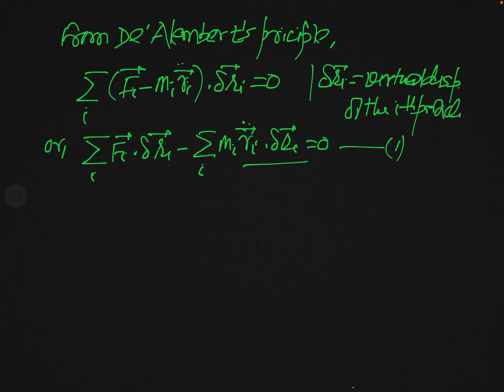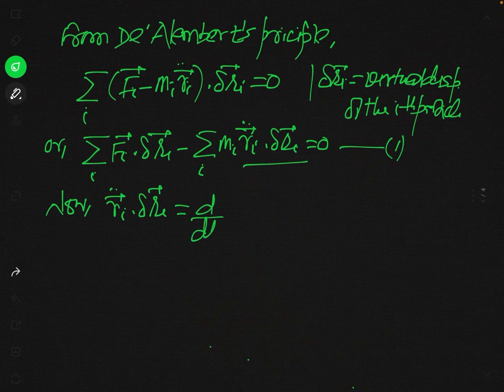You can see here. Now Ri double dot and Ri double dot delta Ri. What can you write? Let us see here. We can write this term in this way.